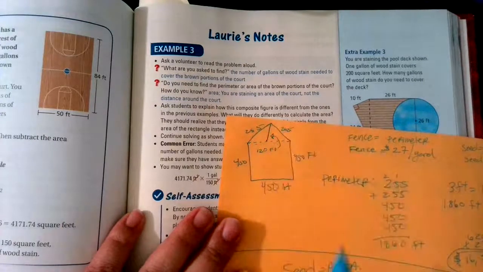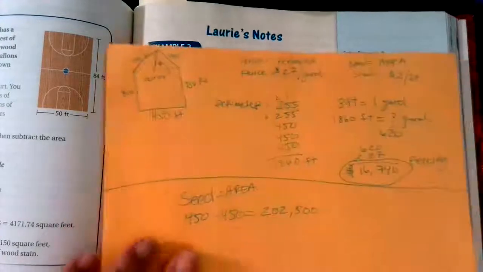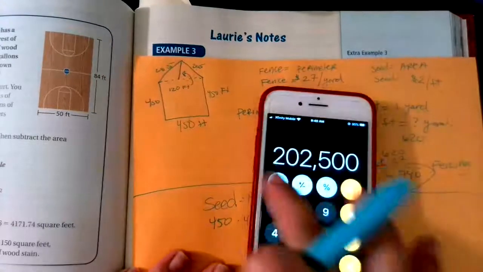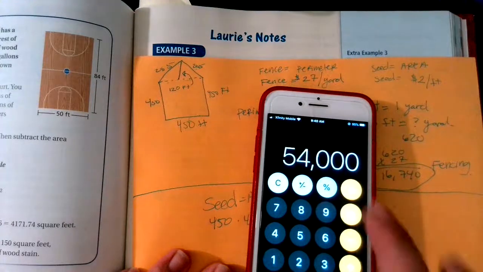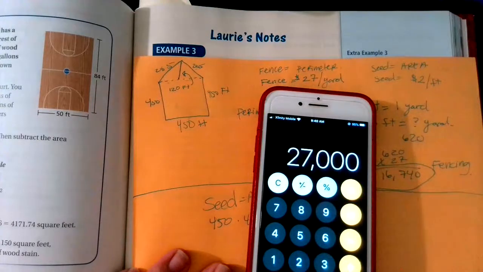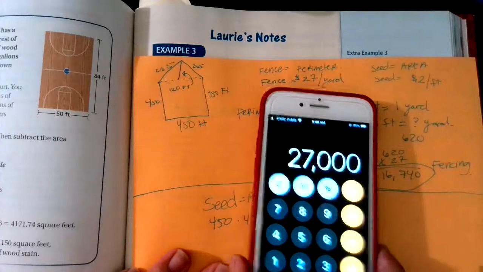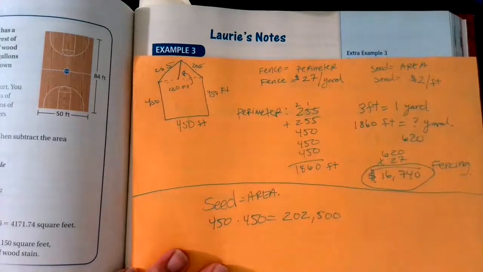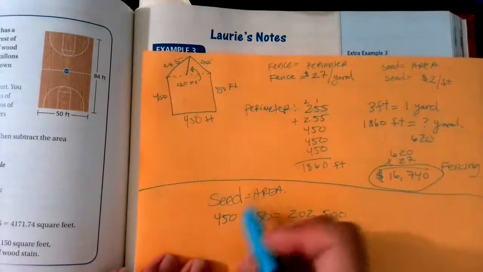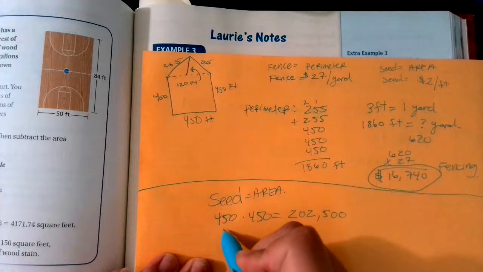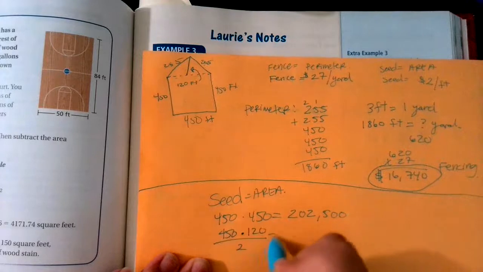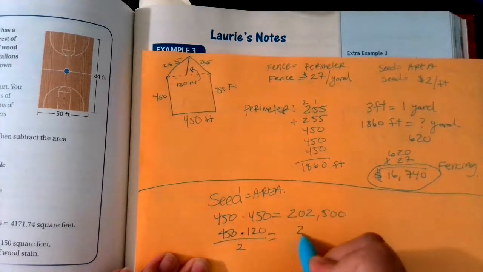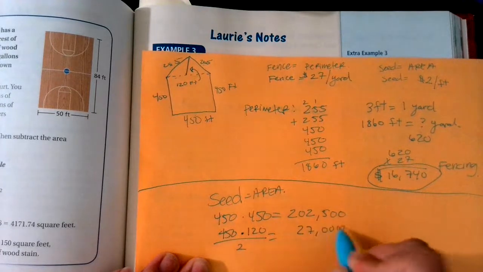So base times height divided by 2. 450 times 120 divided by 2 equals 27,000.